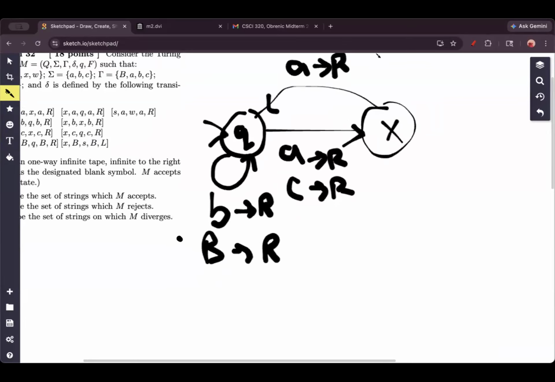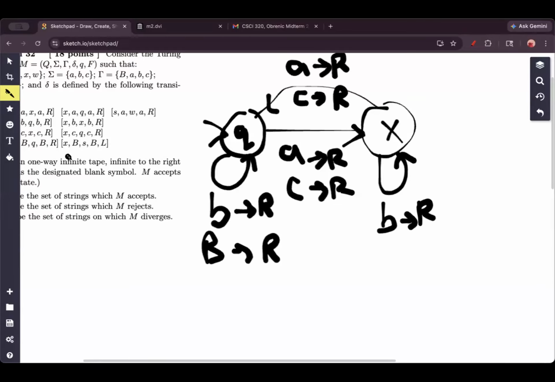This automaton can get a little confusing just because you're going back to a state you previously came from. And then I do the same with the C. C, I also go to Q from X. And then I loop on B, right? Turn right.